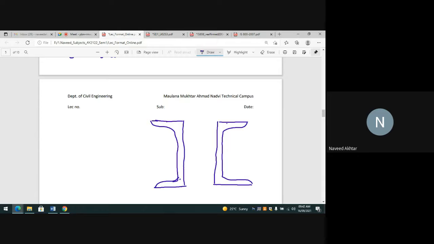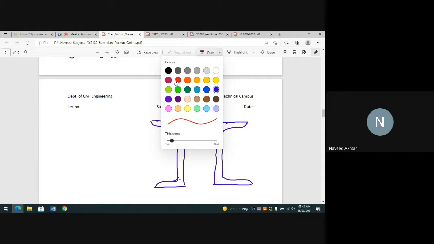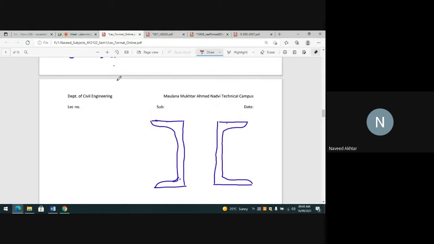Now if I draw the axis, this axis is for the whole body. This is Z axis. It is also called the major axis. And the y axis, that is the minor axis, will be somewhere here.